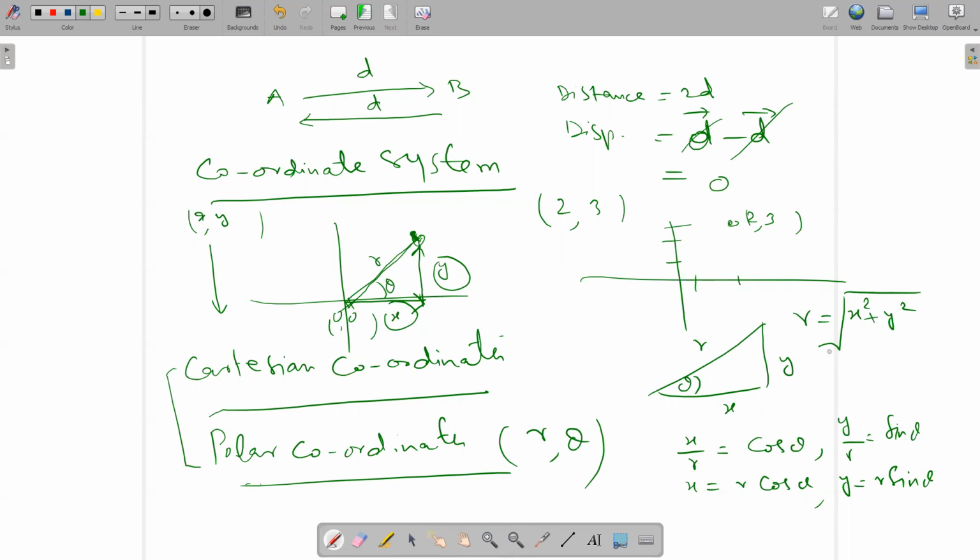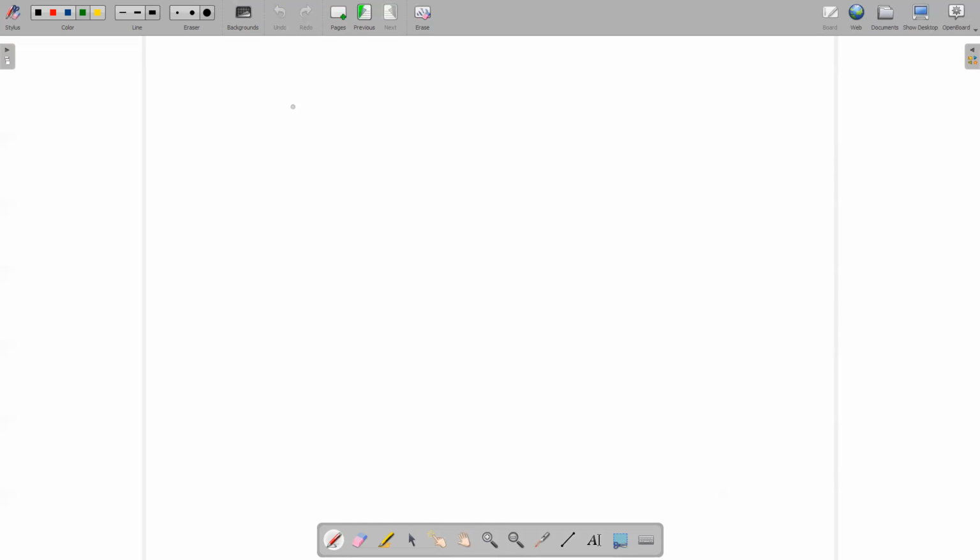So what I want to make clear here is how we can convert Cartesian coordinates into polar coordinates. You can solve this one. Also remember that x is equal to r cos theta and y is equal to r sine theta. If you want to find theta, you can divide and make it tangent theta.